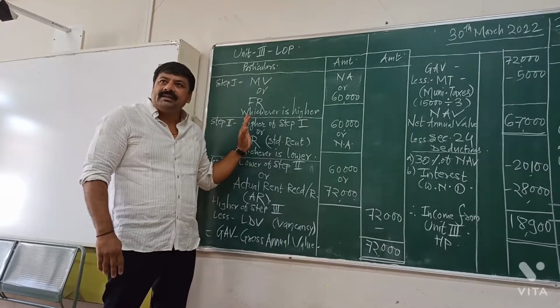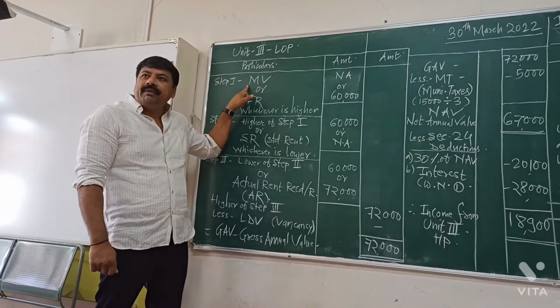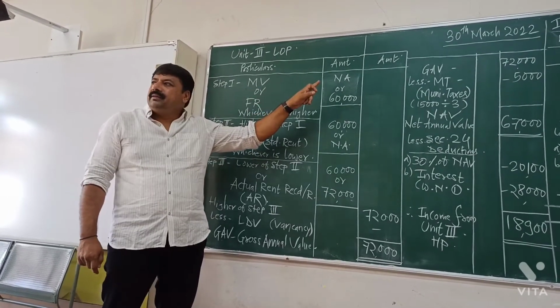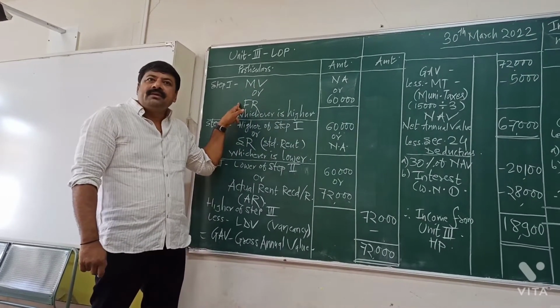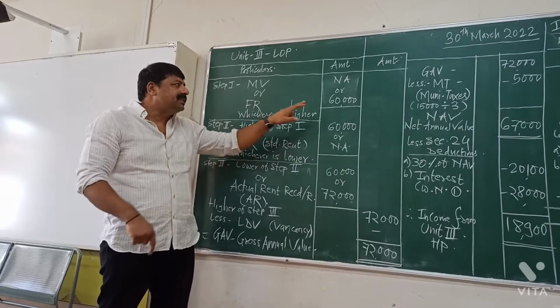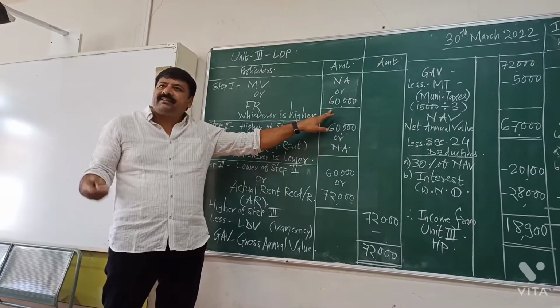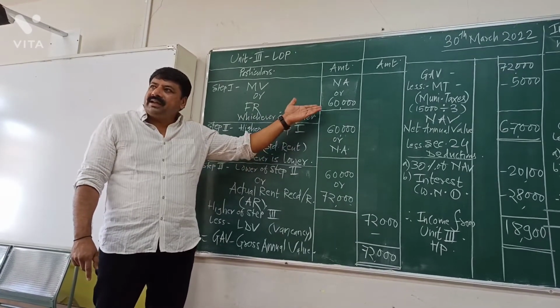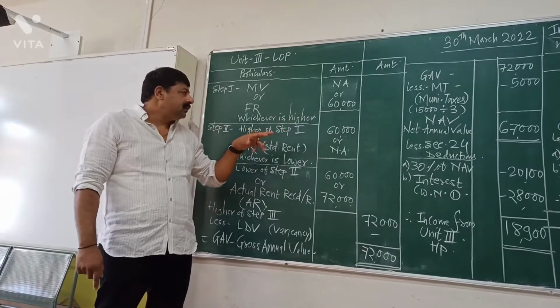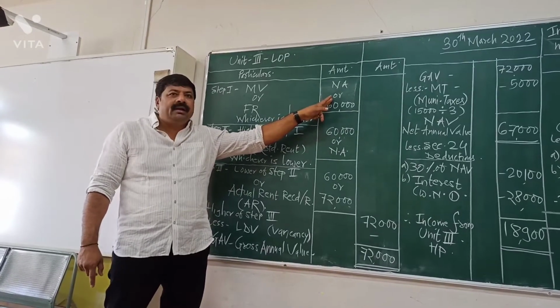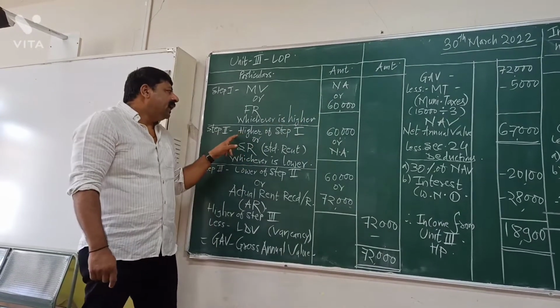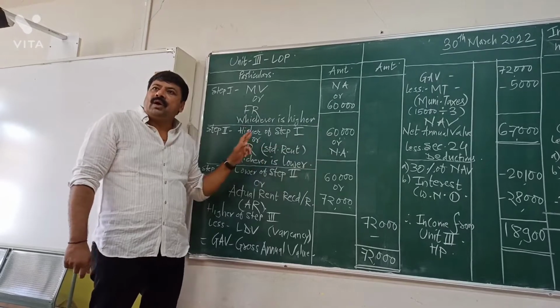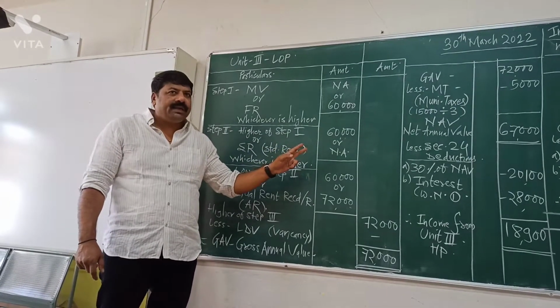This is our format. Step 1, municipal valuation, which is not given, or fair rent. Fair rent of each unit is given as 60,000. So we will take 60,000. Whichever is higher, automatically the higher is 60,000, because the first is not applicable. Higher of step 1 is 60,000 or standard rent, not applicable.